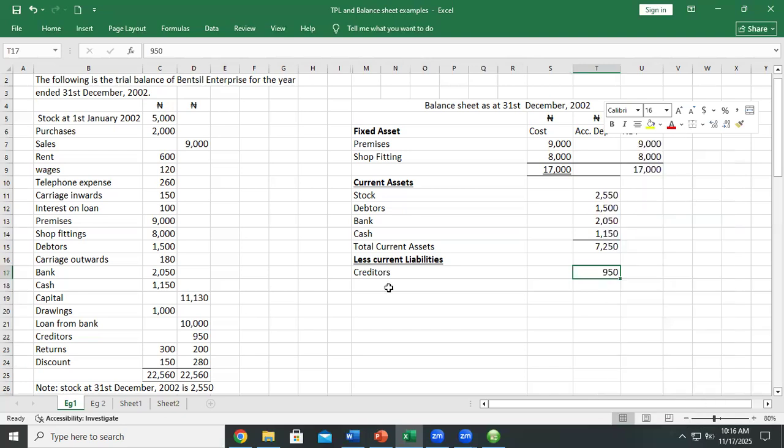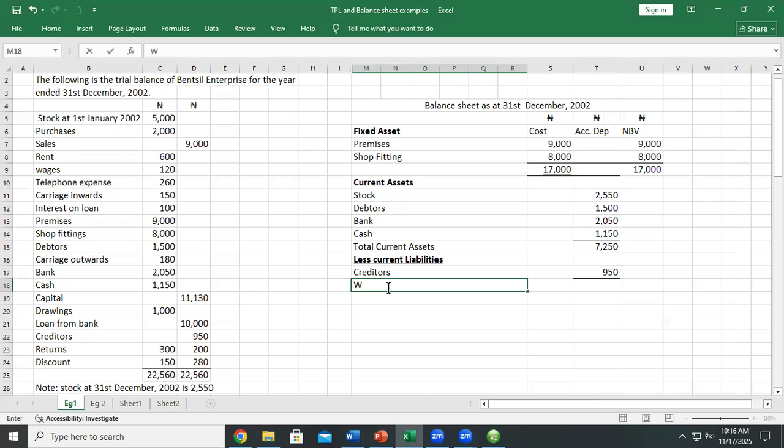So we need to subtract the 950 from the 7,250 to get the working capital. How much are we going to get for that? Okay, Prof. Nadum, well noted.